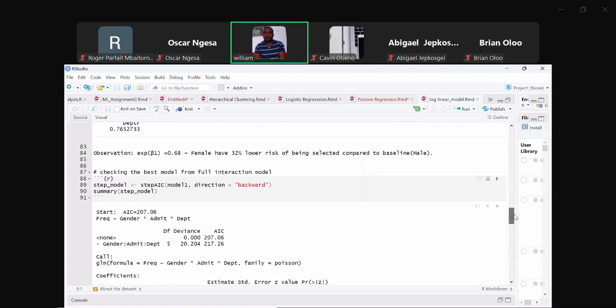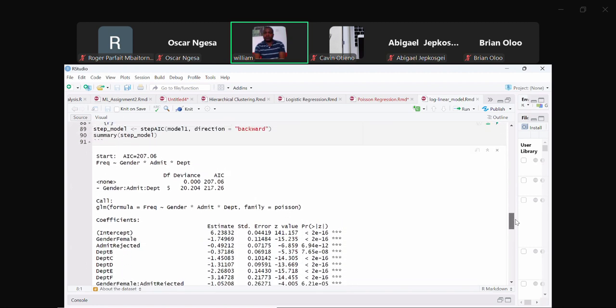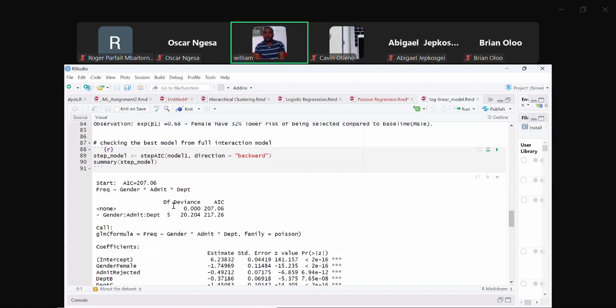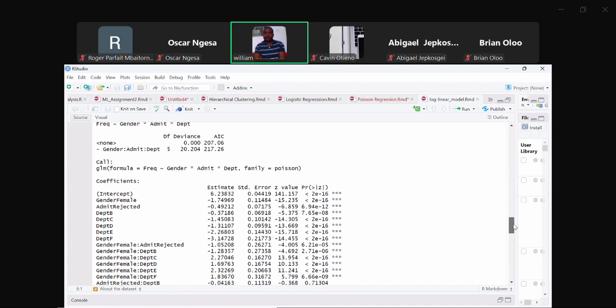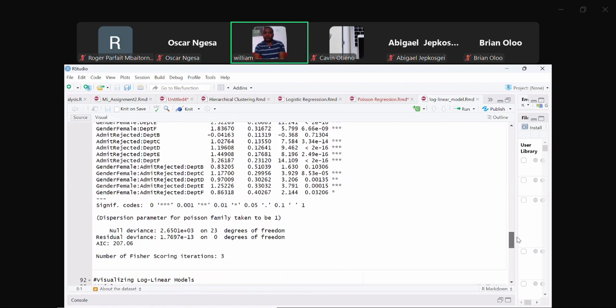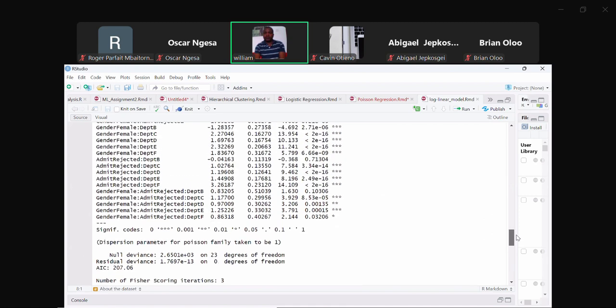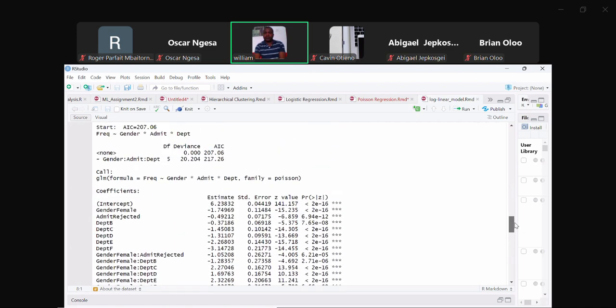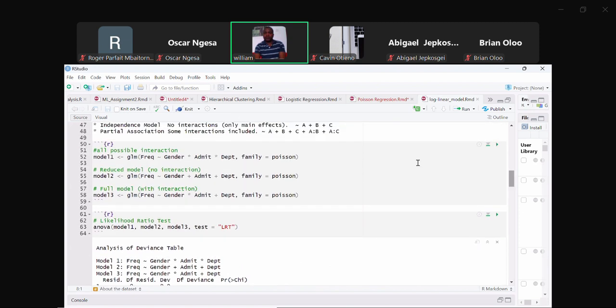So checking the best model for full interaction model. So this one, we are looking at the full interaction, meaning model 1, which we are just using the multiplication to get it. And then you can see we have very many here. Unfortunately, due to time, I was unable to check out exactly among these, which one is the best.